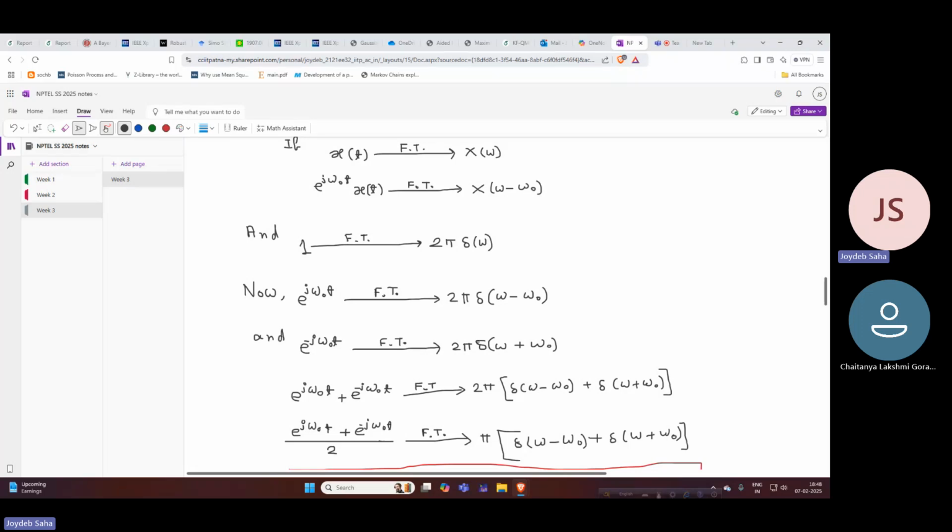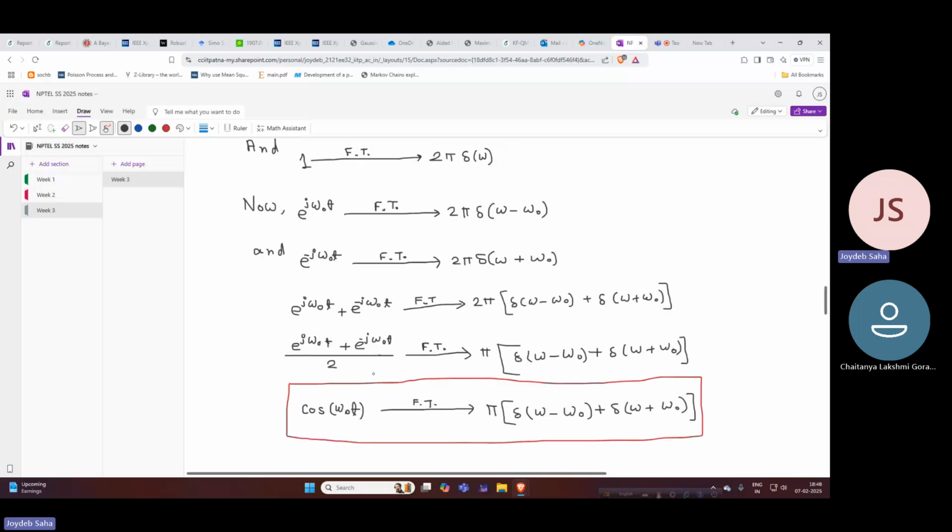And then we sum up, whatever we have done here. Now we will not sum, we will subtract.